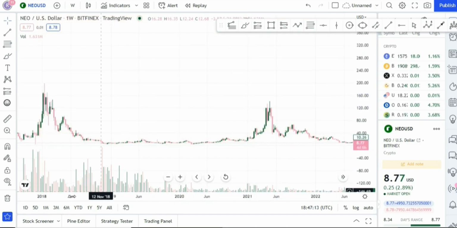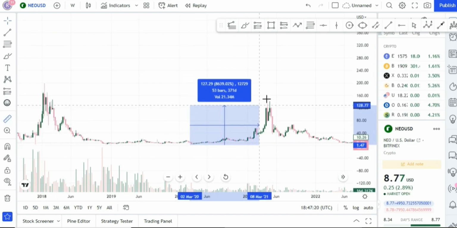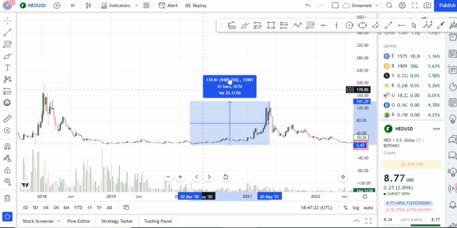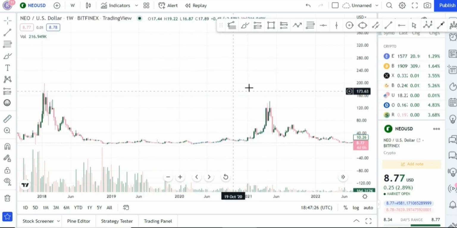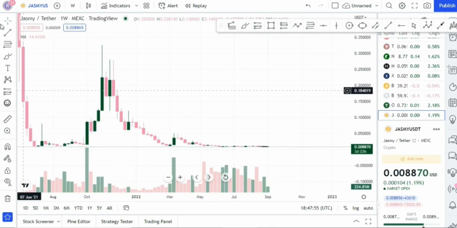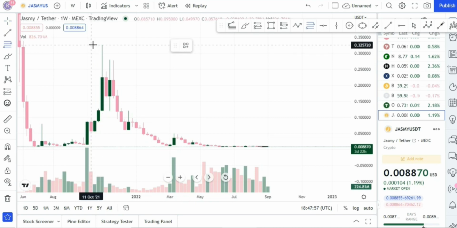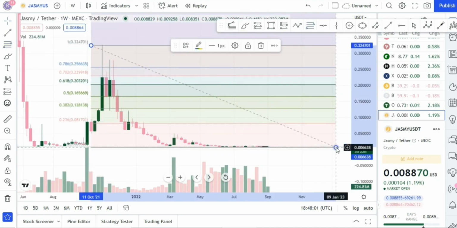To put it into percentage terms, let me just quickly do this from the bottom right here to that level. That was a 9,500%. That's what? That's a 90x, right? Could we have something like that for the JASMY price chart? Well, let's quickly check that right here with our fib retracement from the top right here until the very bottom here.